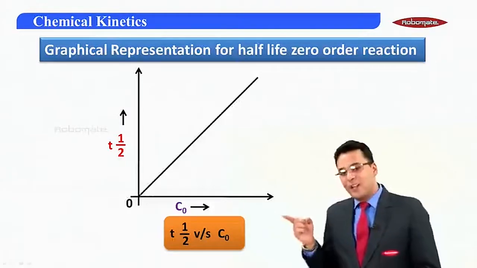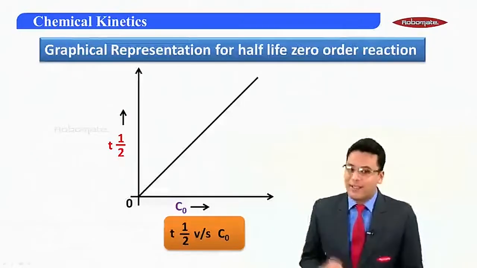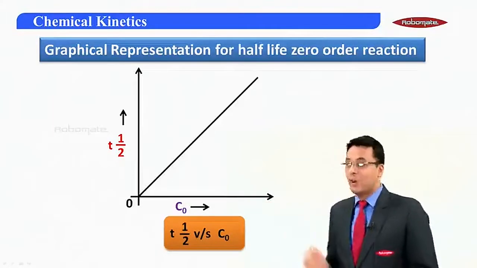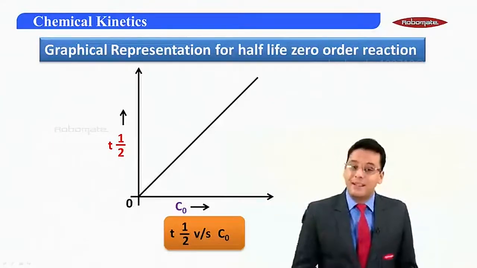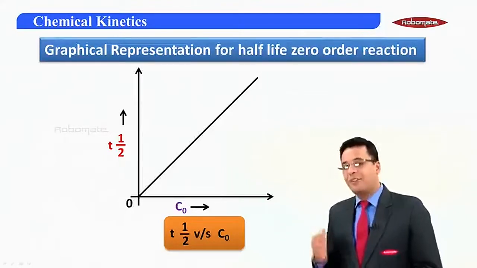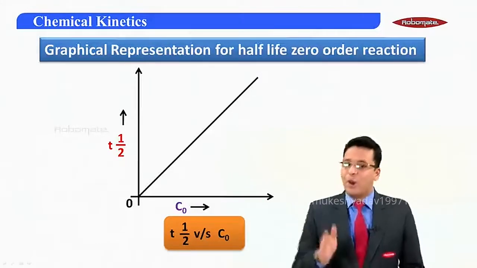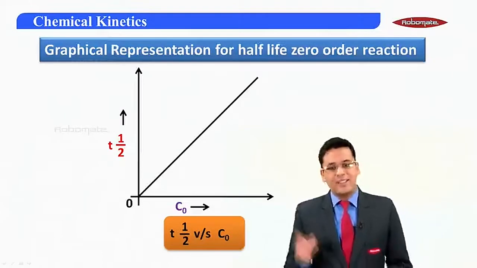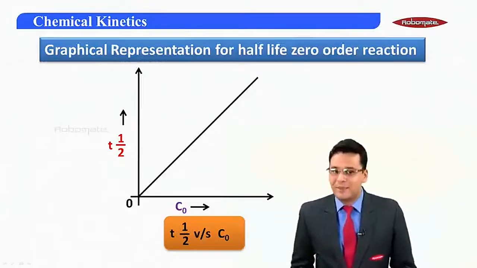So if C naught increases, t half also increases, and that's exactly what you mean by directly proportional. So this is how half-life of a zero order reaction is represented graphically.